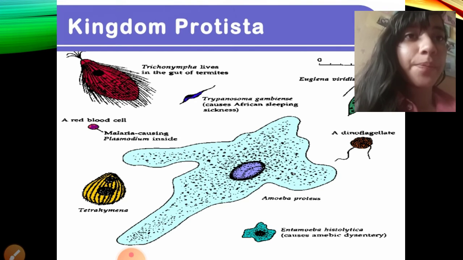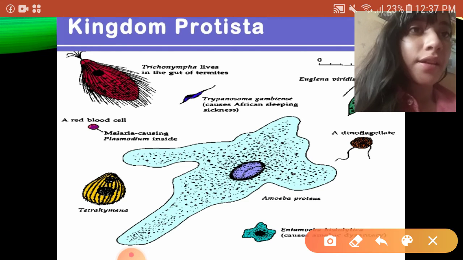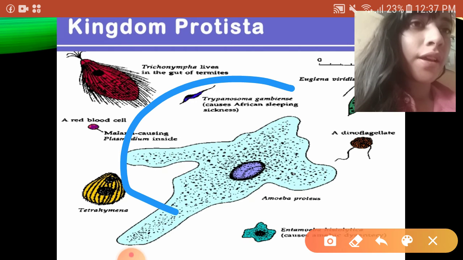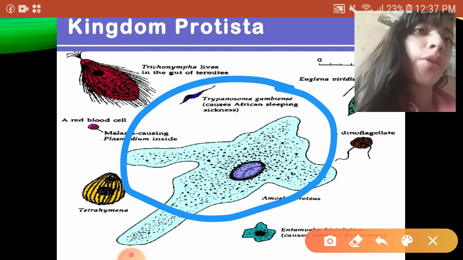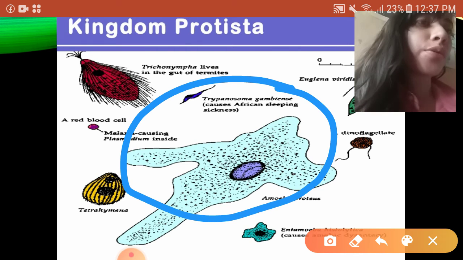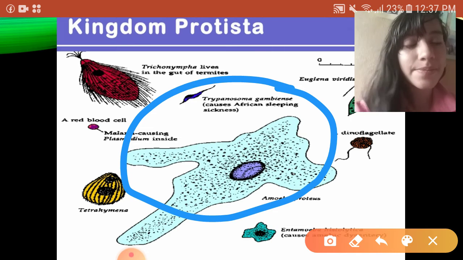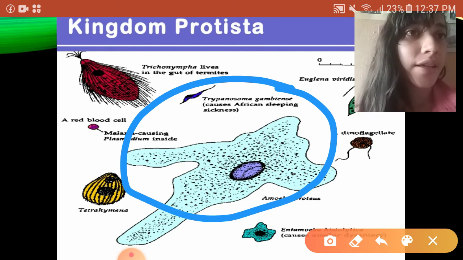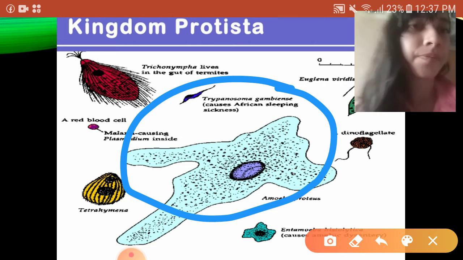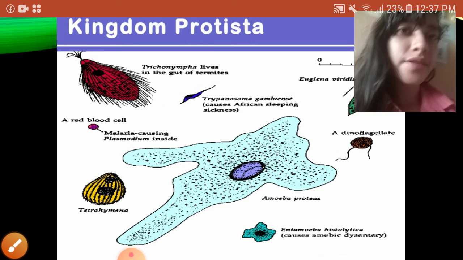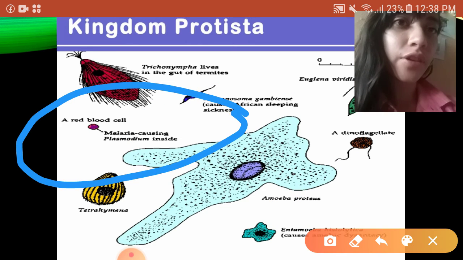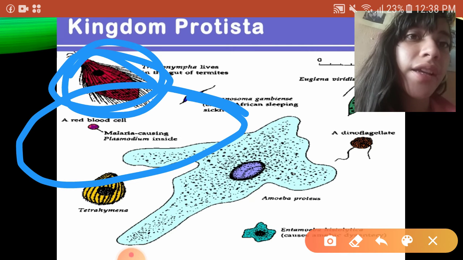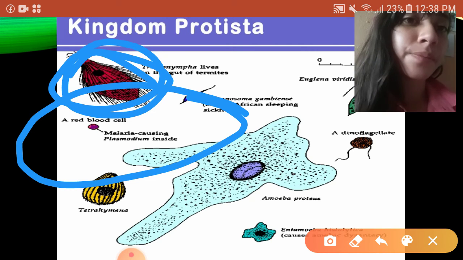For example, this one here, the trypanosoma, causes an African sickness called sleeping sickness. For example, this microorganism here, in the red blood cell, is causing malaria.